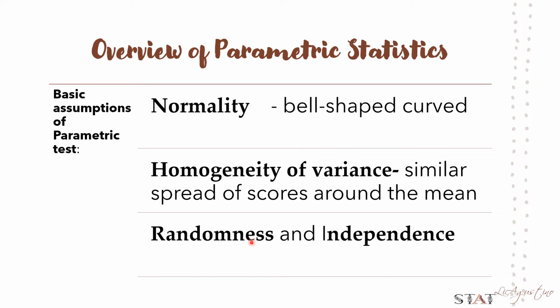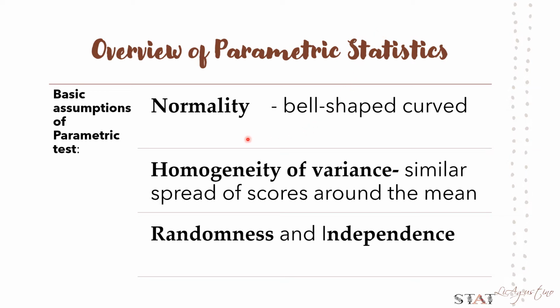And then randomness and independence. As I've said, for example, in a survey, my response is independent of the response of another participant. So to review again the parametric statistics, the normality.